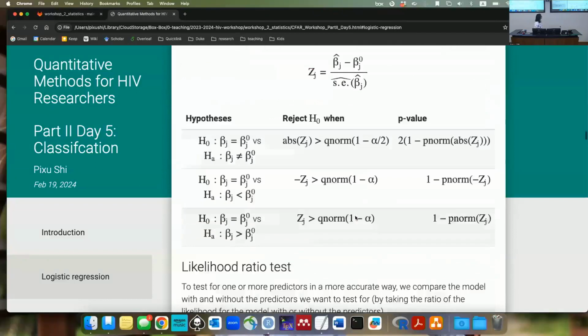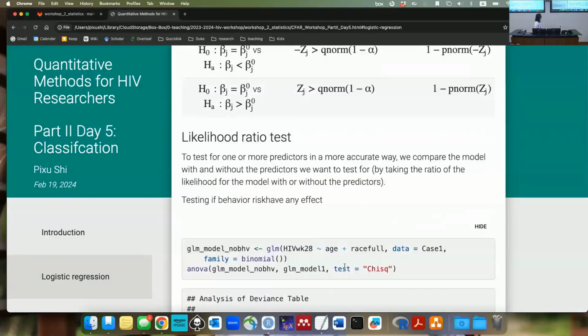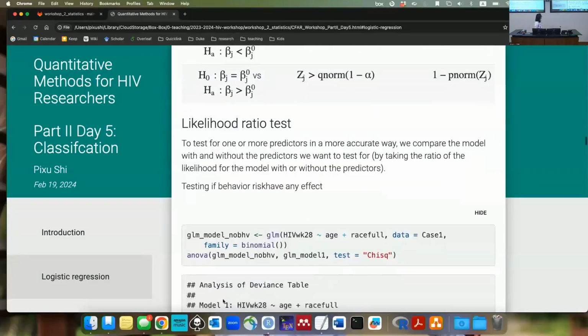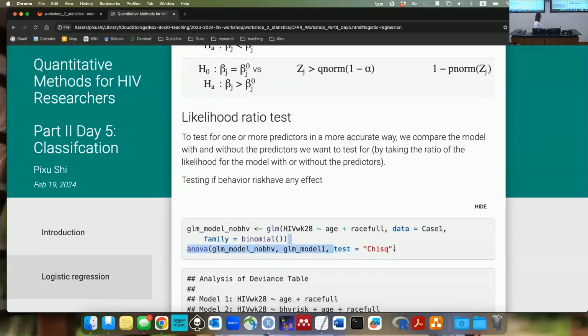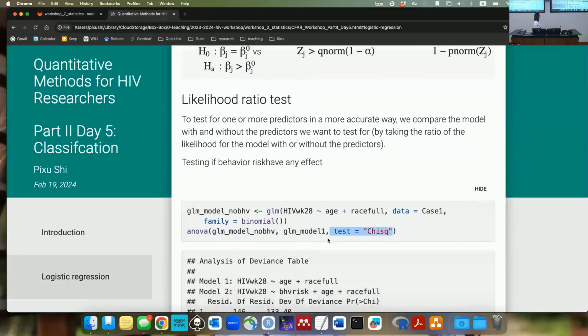This is the reduced model without the predictor we want to test for. And then we use the ANOVA function to find the difference between the two models. If they're different enough, we'll say that this predictor is very important. And you need to specify what test you want to use, and the default test in logistic regression is the chi-square test.